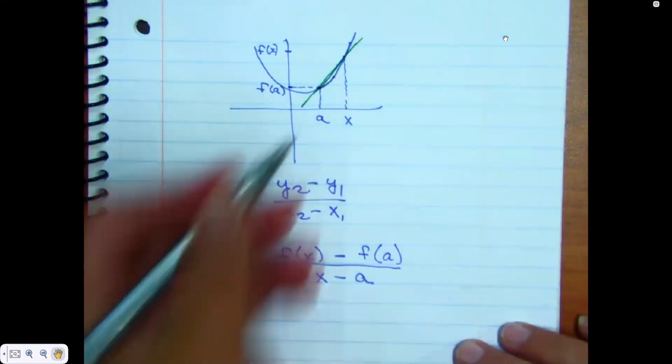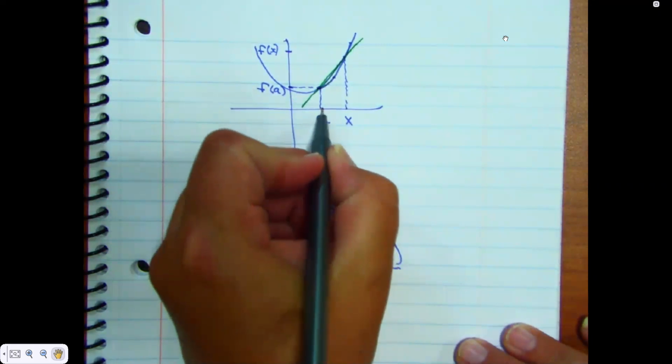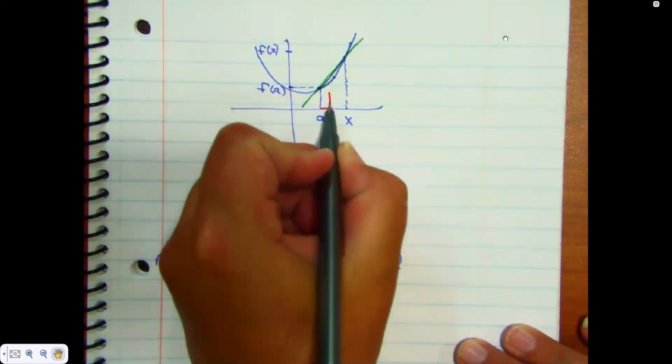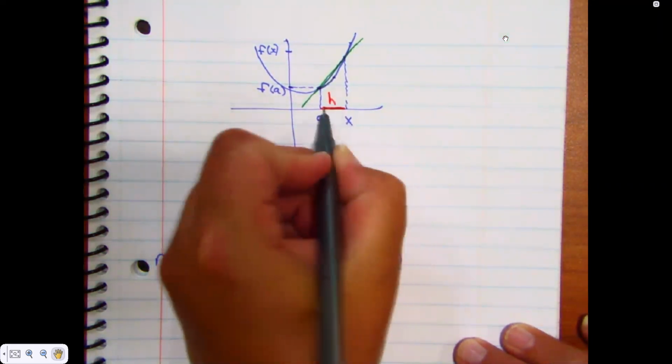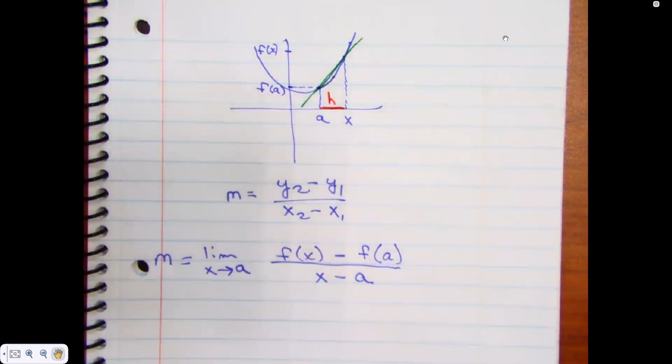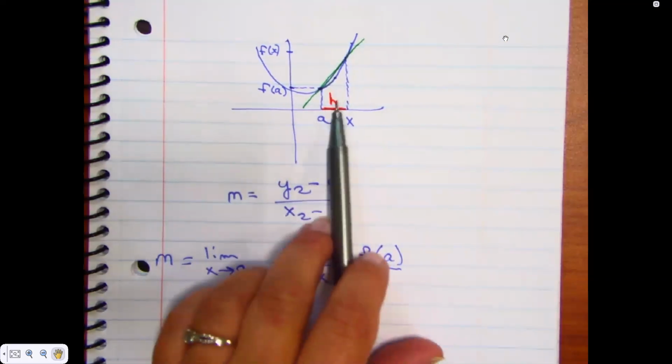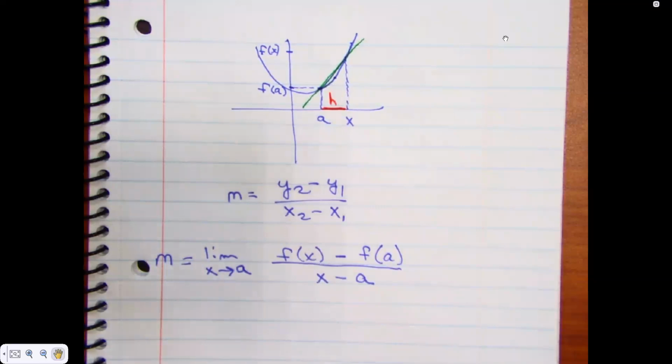What they did is they called this distance here h. The distance between x and a, they called that h. So if I'm moving that x value towards a, I want x to approach a, but now if I call that h, what value do I want h?